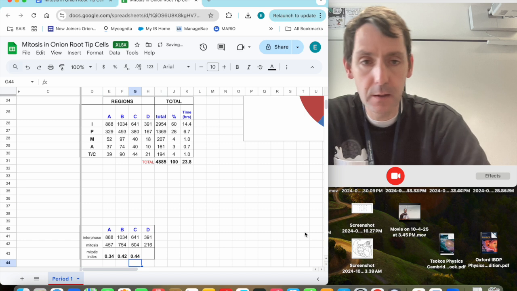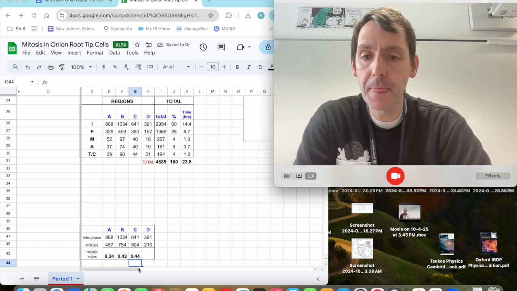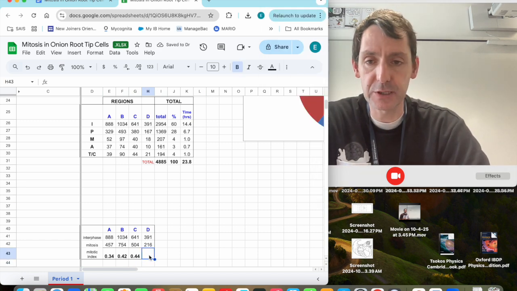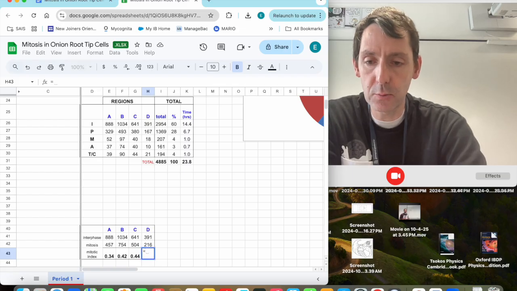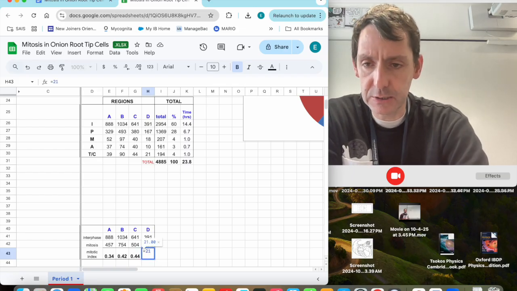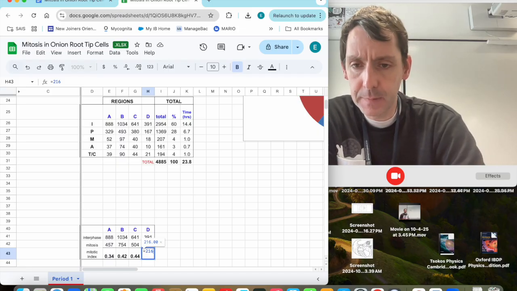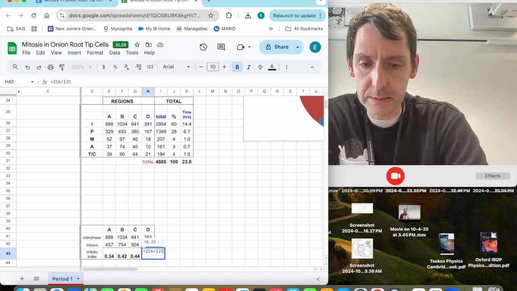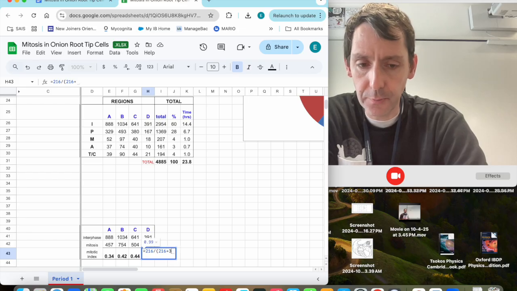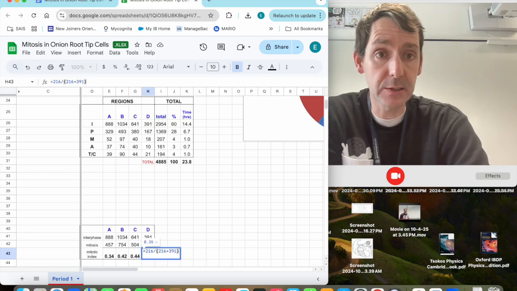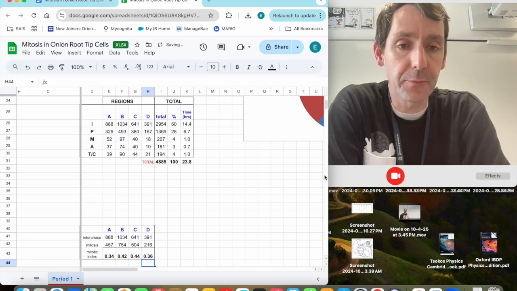Just like that. I get 0.44, and then I can go into my last region, region D, and I go equals 216, which is mitosis, divided by 216 plus 391. That'll give me the total there, and I get 0.36.